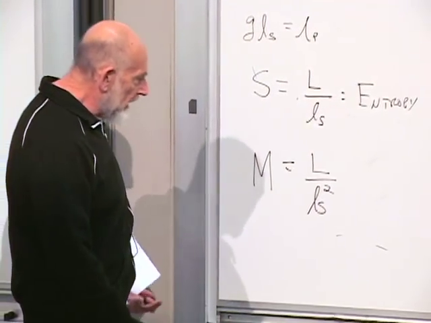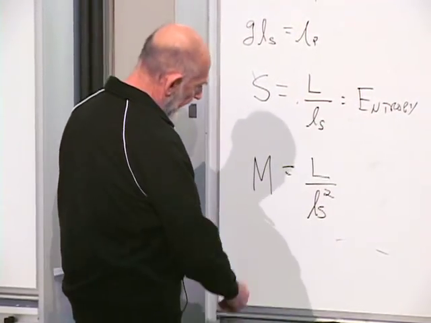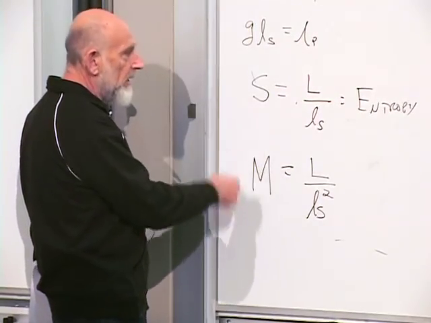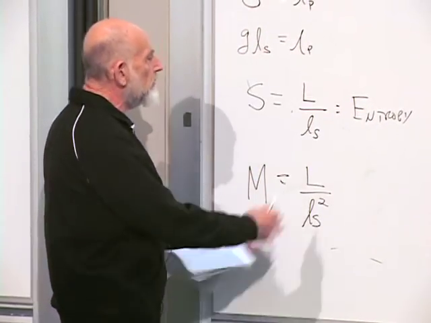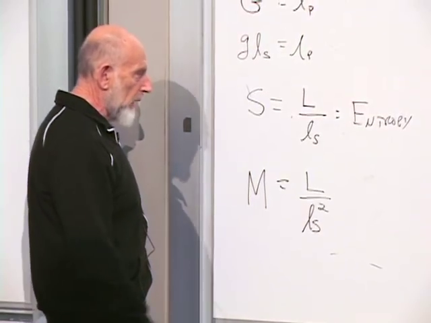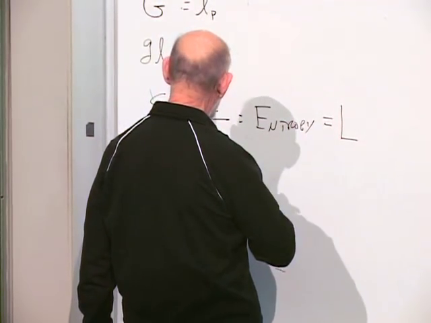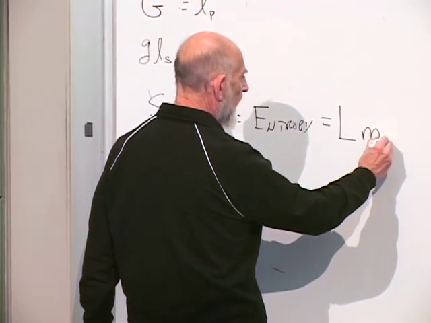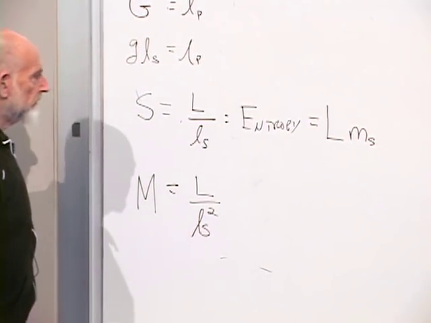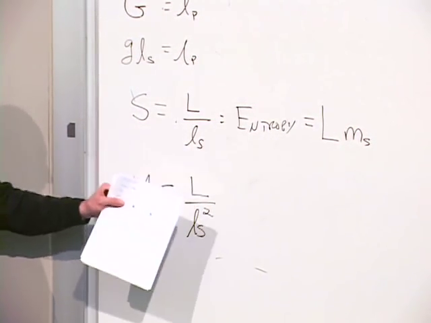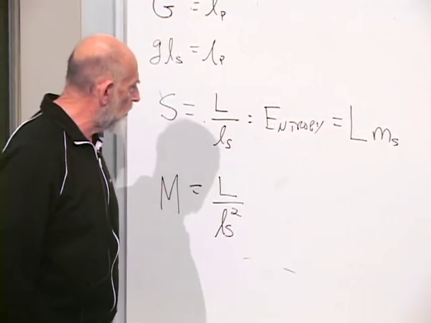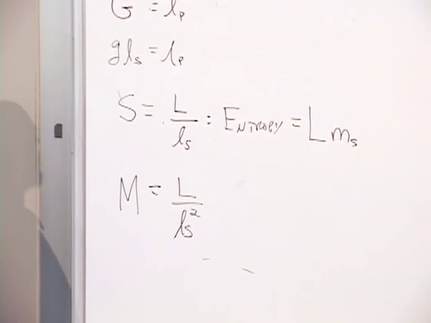Now we can manipulate these equations in various ways. We can also write this as the length of the string times little m string, because L string in the denominator is the same as M string in the numerator, and so forth.